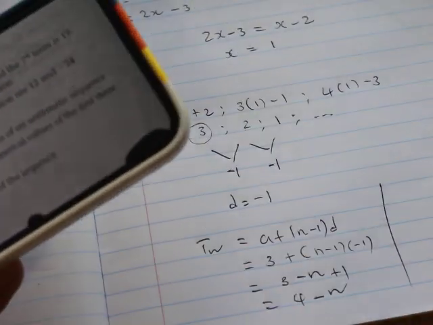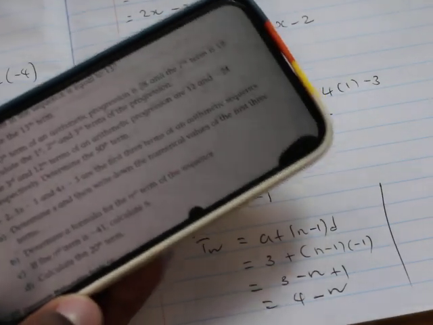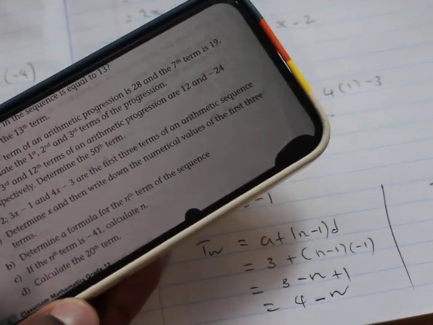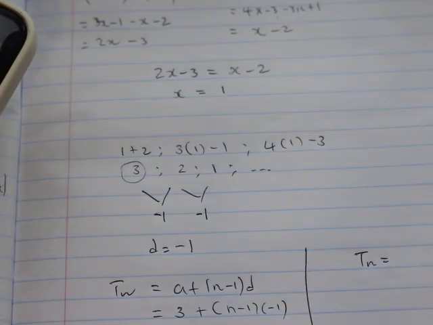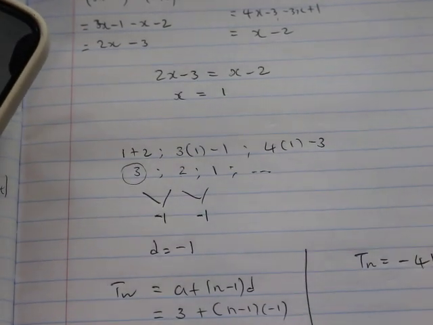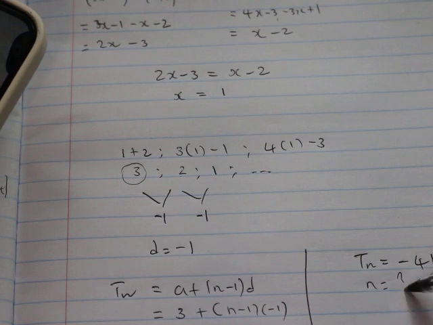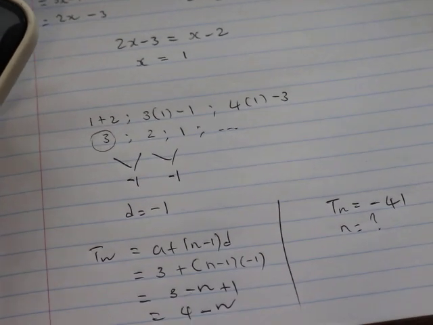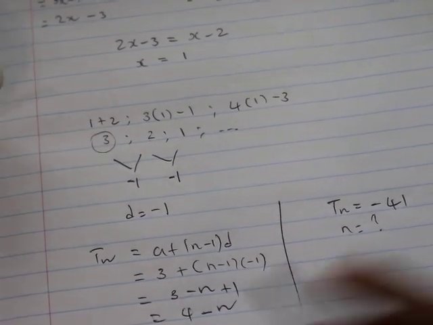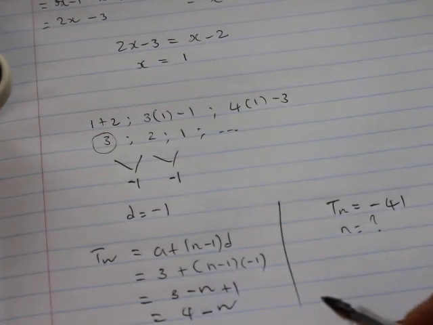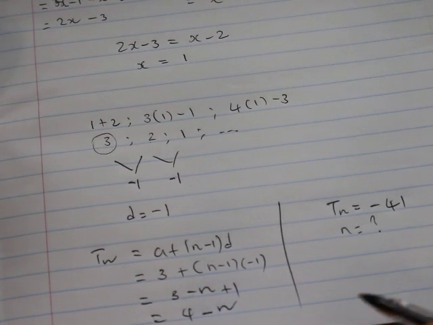So meaning that you are basically given the Tn, which is negative 41, but you don't know what the n is. Do you understand? You don't know what the n is. So we're simply going to use the general formula and substitute the Tn.